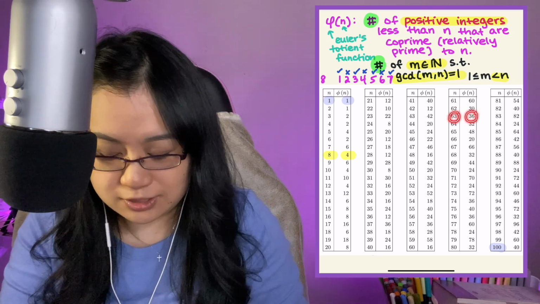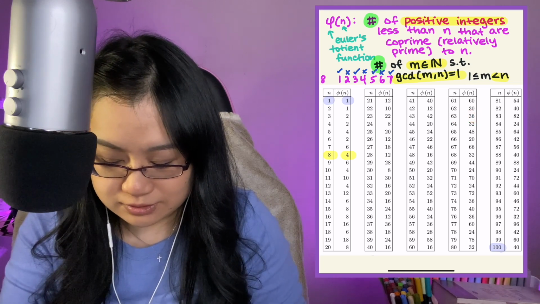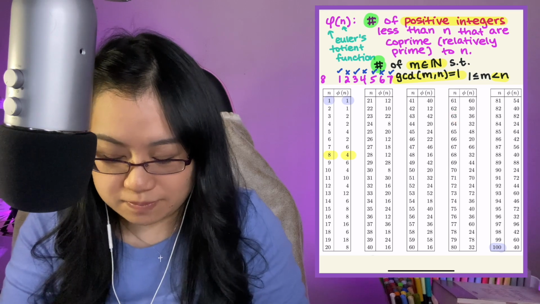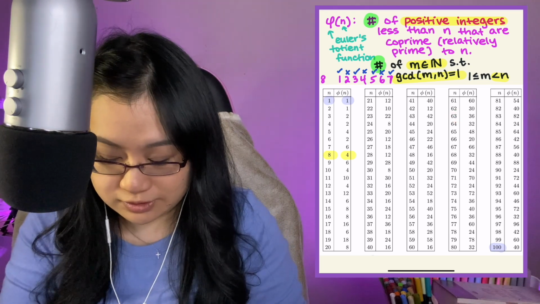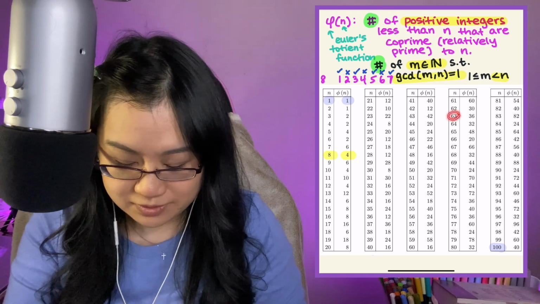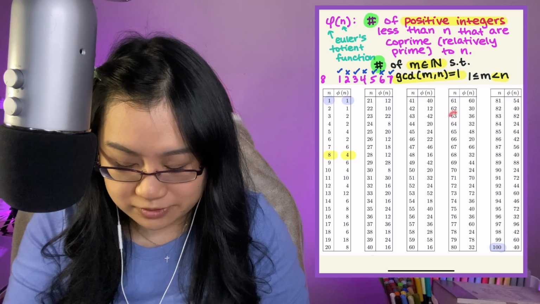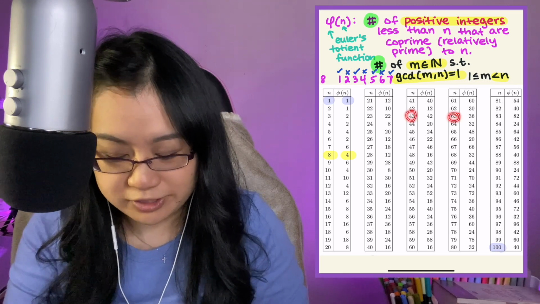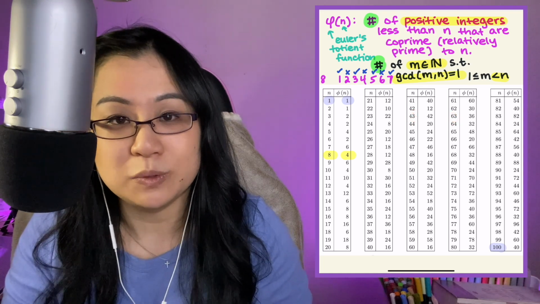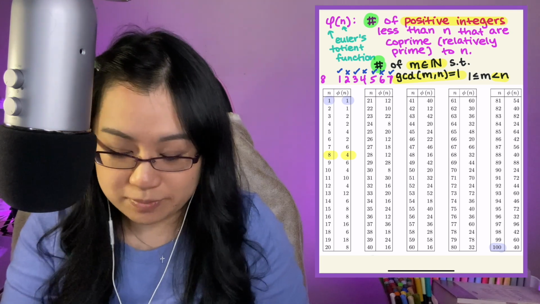There are 36 numbers that are less than 63 that are co-prime or relatively prime to 63. As you can imagine, this has a lot to do with prime factoring these numbers, because that will give you a good clue for what numbers are going to be relatively prime or not.